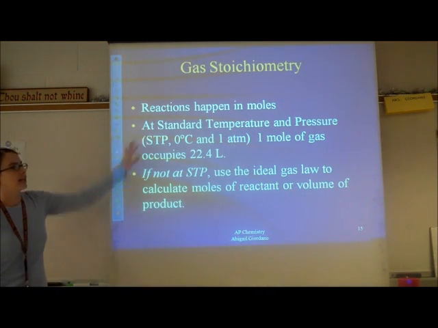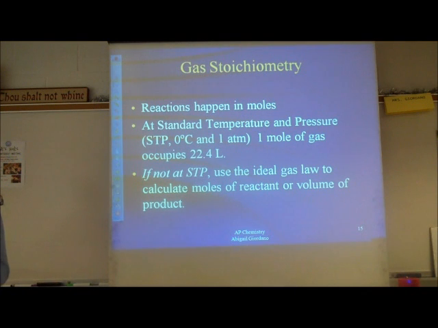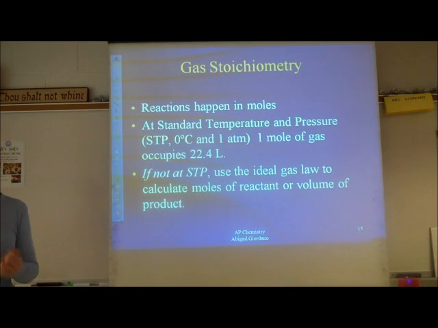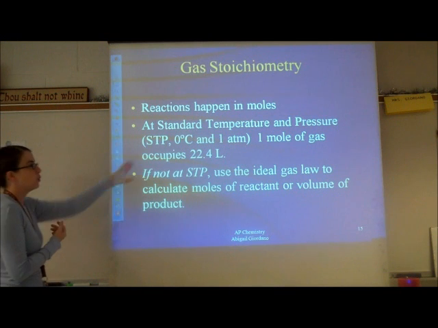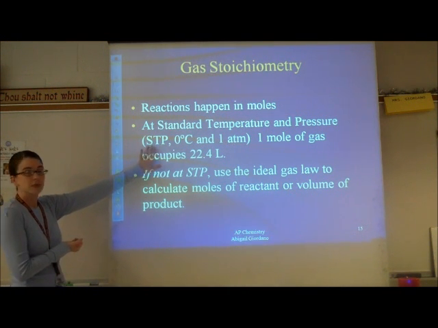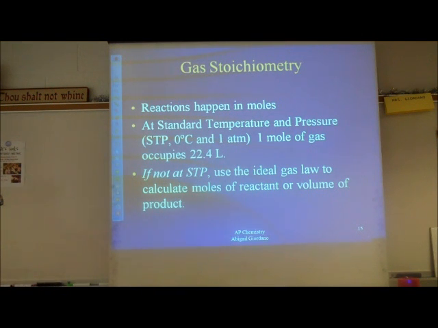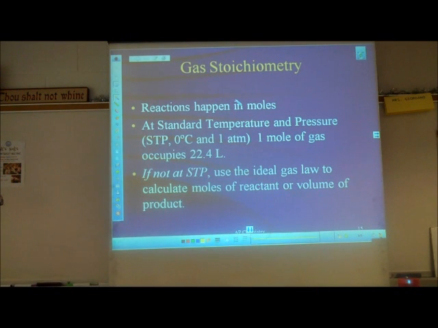If you are at conditions of STP, and you're given a mass of the reactant, and the question says what volume of product will be made, you may use the number 22.4 to do your conversions. Do you remember that little flow chart for stoichiometry problems?